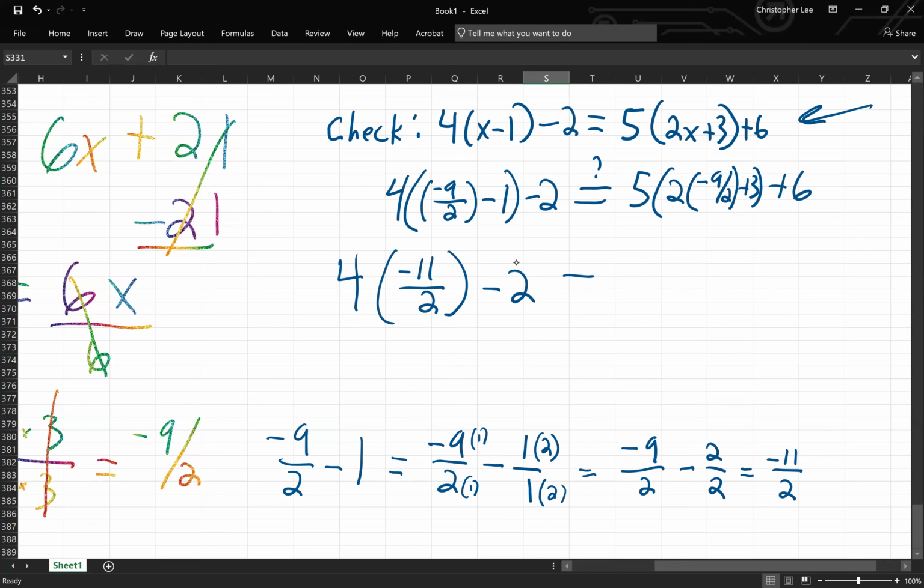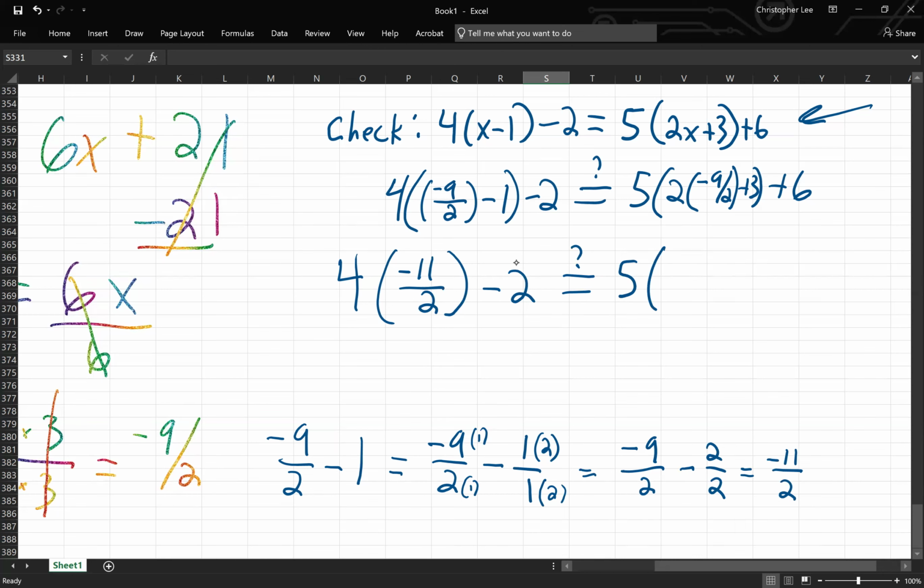Minus 2. And I'm saying allegedly that's equal to 5 times. You did negative 9 over 2 minus 2, it's supposed to be minus 1. It is. But remember that 1 is the same as 1 over 1. And the only way that I could subtract two fractions is if the denominators are the same.